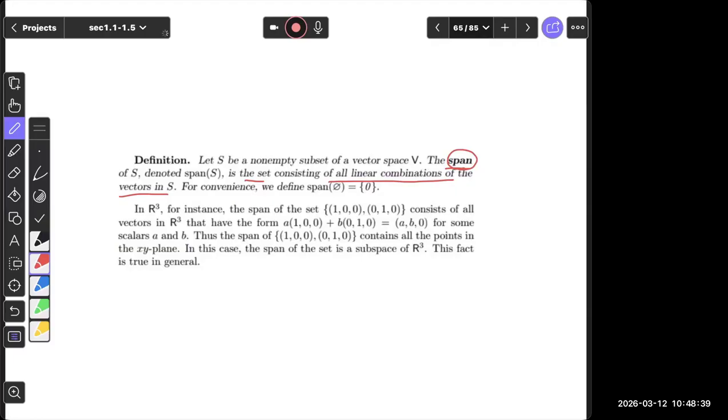The symbol to denote the span is this: span of S denotes the set of all linear combinations of the vectors in S.